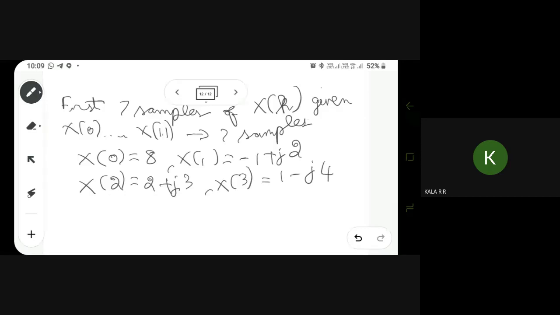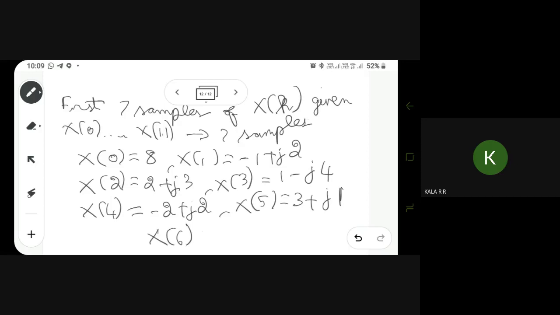Okay, x of 4 is given as -2 plus j into 2. Okay, and your x of 5 is given as 3 plus j, that is 1j. Okay, and x of 6 is given as -1 minus j into 3. Okay, so these are the 7 samples given out of 12.